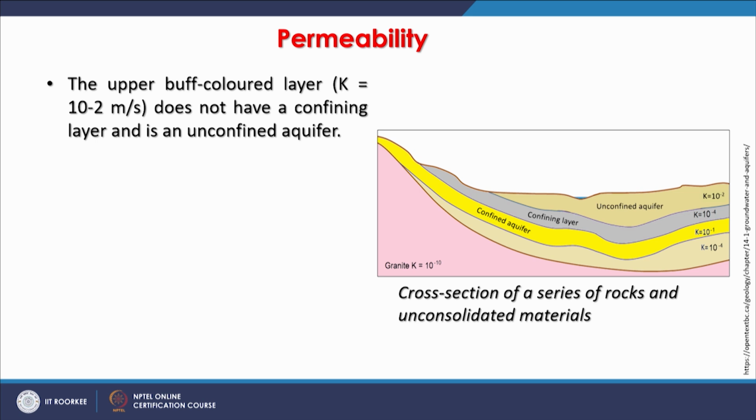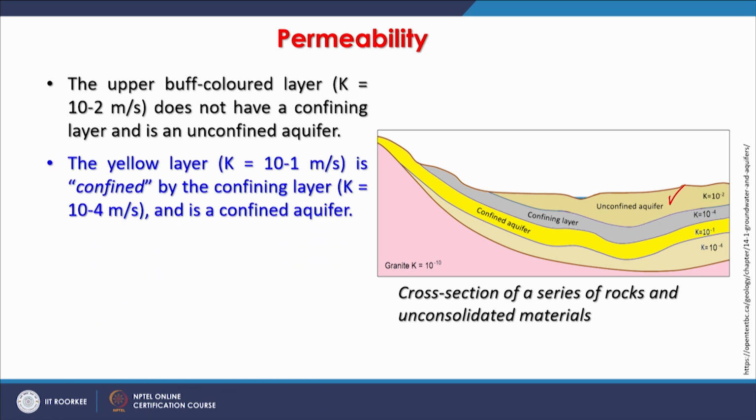Whereas the upper buff colored layer does not have a confining layer and is under unconfined aquifer conditions. They get easily recharged with rainwater, but if there is no other source of recharge, then wells in unconfined aquifer conditions may go dry in the dry season.